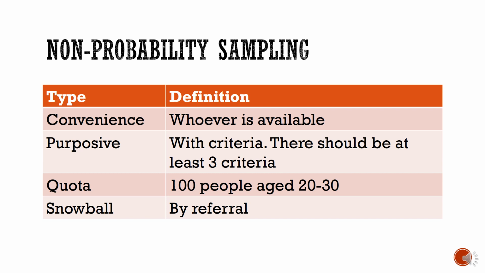And then quota, for example, again, geriatric, I just need 100 people who are ages 60 to 70 years old. If I get 100, whether or not they're from wherever, that's it. I get my quota. And snowball is taken together with purposive. The snowball is by referral because they know someone.